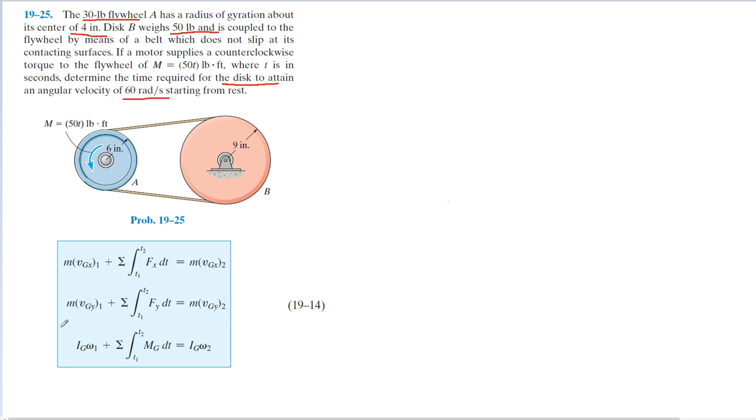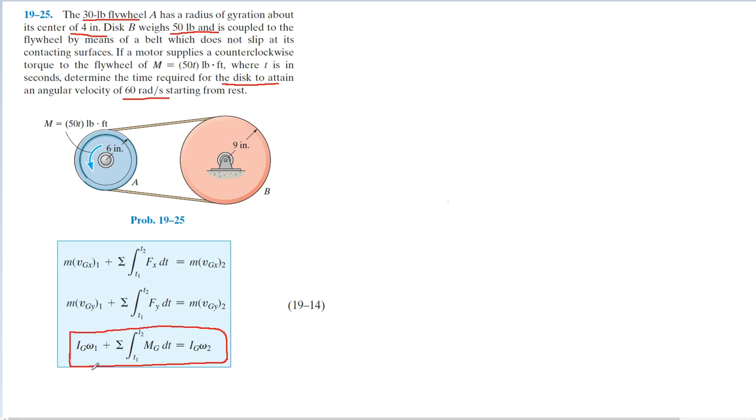So here are the equations to use. We're going to apply the principle of angular impulse and angular momentum, and it will be a system of 2 rotating bodies, although we can calculate an equivalent mass moment of inertia, but we're going to use this equation.